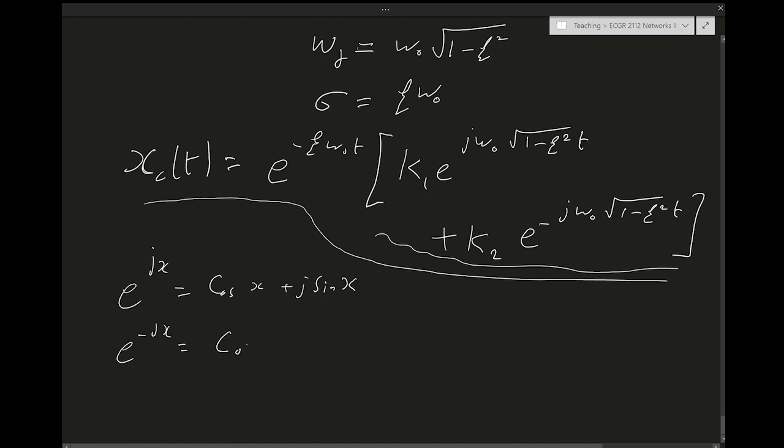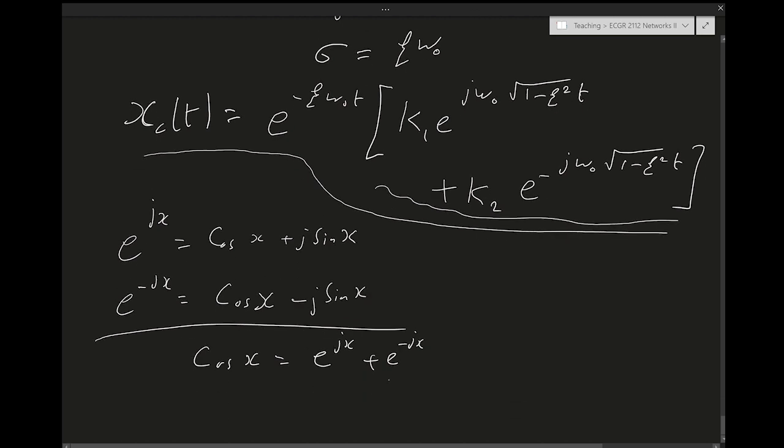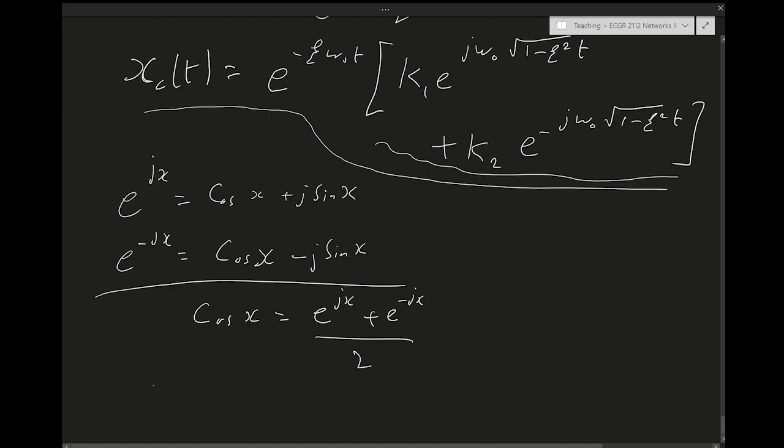That's cosine of minus x, but cosine is even, so I end up with cosine x minus j sine x, because sine of minus x gives me minus sine x. Sine is odd, right? Sum those two up and I end up with cosine x equals e to the jx plus e to the minus jx over 2. In a similar manner, I could find that sine of x equals 1 over 2j times e to the jx minus e to the minus jx.